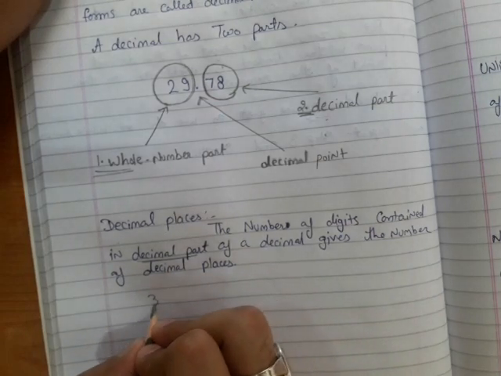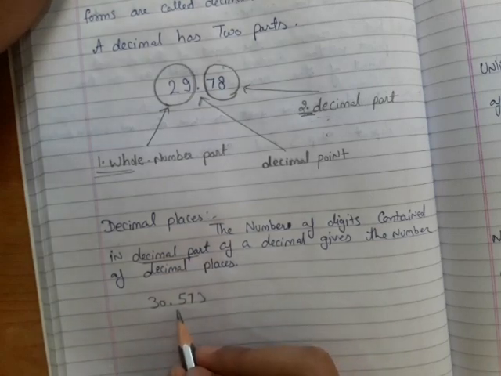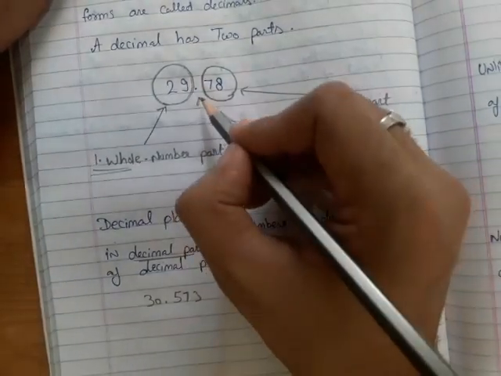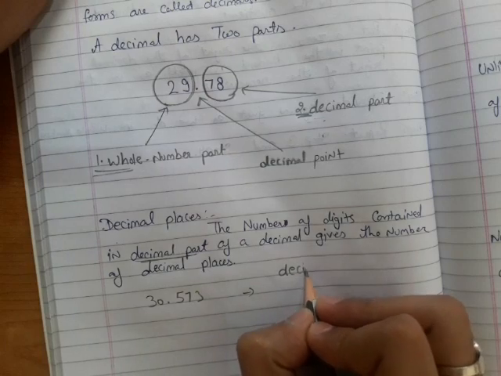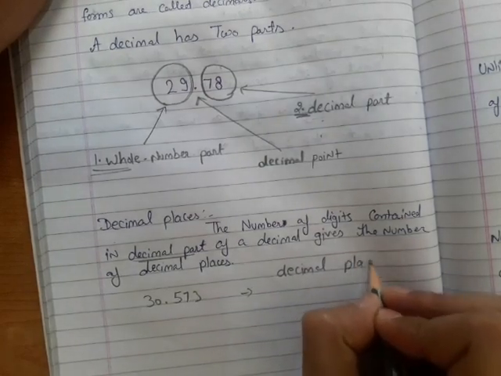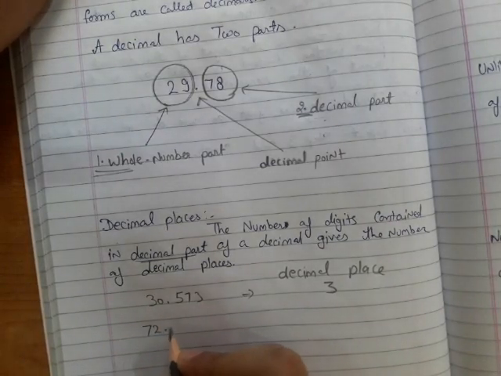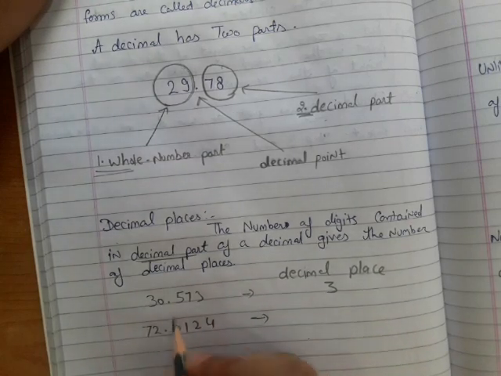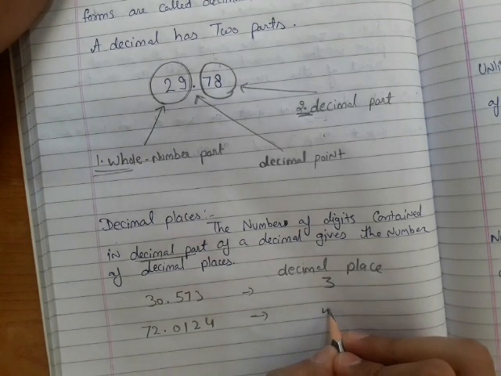Similarly, if I write 30.573, there are 3 digits after the decimal point, so decimal places are 3. Suppose I write 72.0124, here there are 4 digits after the decimal point, so decimal places are 4.